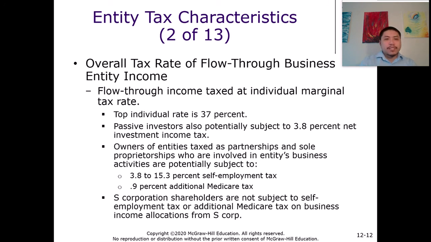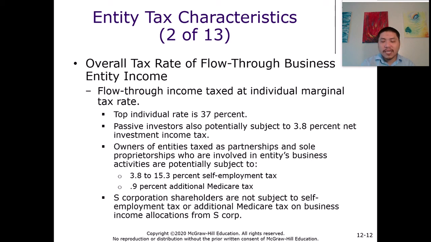So let's talk more about the flow-through entities. As we know, they only have to pay tax at the individual level, and depending on the tax bracket of the individual investors, the business owners, they have to pay tax at that bracket.